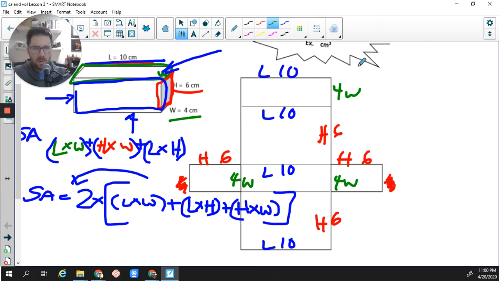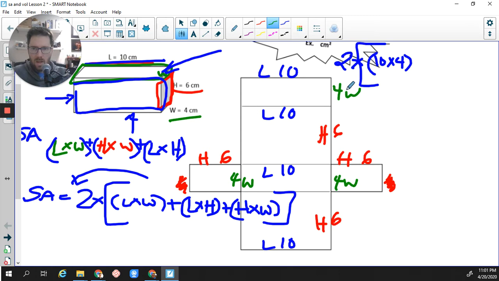So we're going to write our formula, even though it takes a while. I wrote it right here, so I'm just going to transfer us up here. So 2 times, and then in here, let's figure this out. Length times width. So we said our length was 10 times 4.